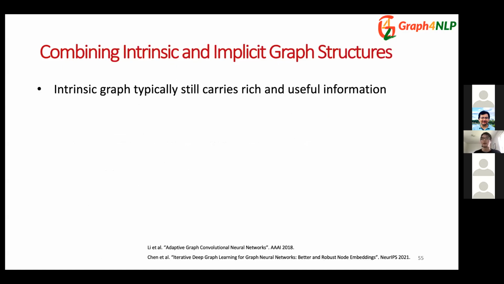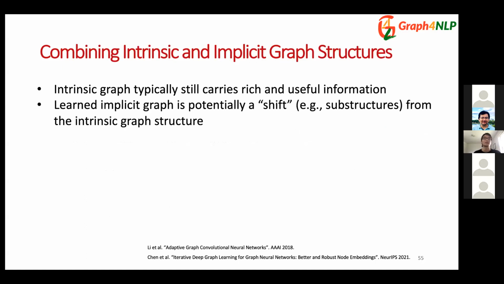The intrinsic graph typically still carries rich and useful information regarding the optimal graph structure for the downstream task. So some recent works proposed to combine the learned implicit graph structure with the intrinsic graph structure, based on the assumption that the learned implicit graph is potentially a shift from the intrinsic graph structure, which is supplementary to it.